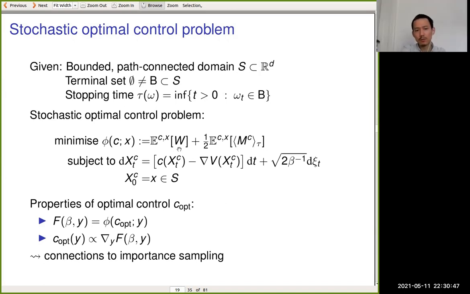If you recall the work path functional W, it contains two parts, an integral up to tau and a terminal cost that happens at time tau. So W depends on tau, and the quadratic variation or kinetic energy cost of the control also depends on tau. We evaluate at tau. So this optimal control problem is not a priori a finite time horizon problem, because tau doesn't have to be a priori bounded. Okay.